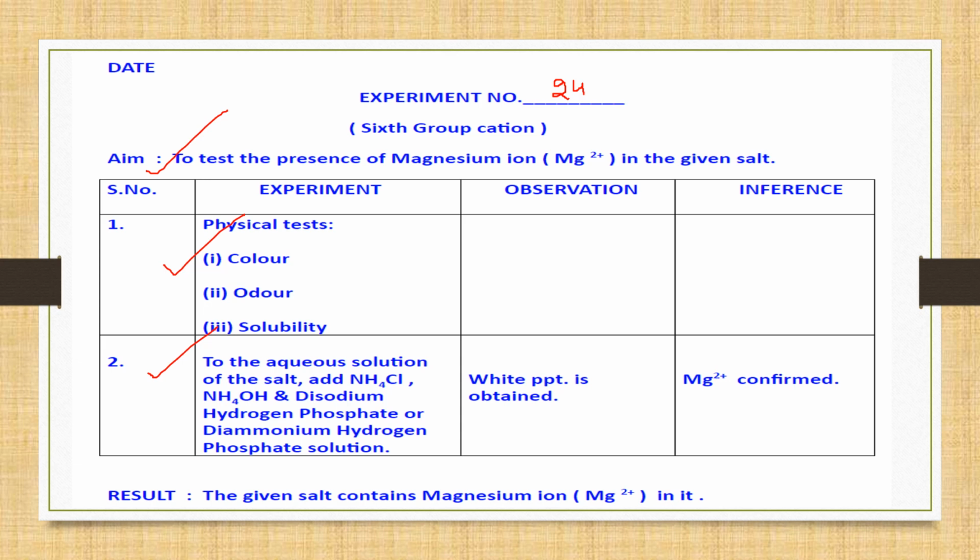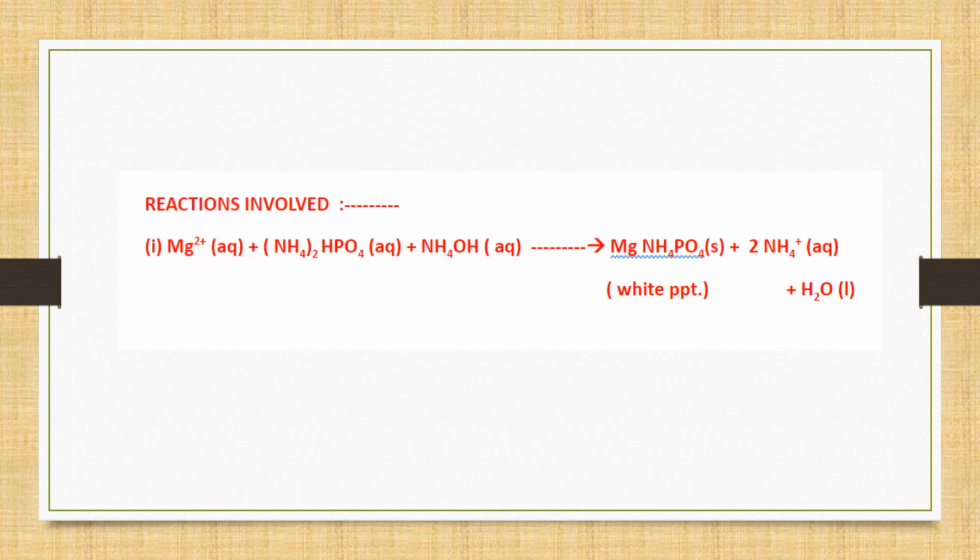Very easy one. To the aqueous solution of the salt, we'll add ammonium chloride, ammonium hydroxide, and disodium hydrogen phosphate or diammonium hydrogen phosphate, whichever is available. It will give me a white precipitation very easily, which confirms the presence of magnesium in the given salt. And we'll write the given salt contains magnesium ion in it. Quite simple and small one.